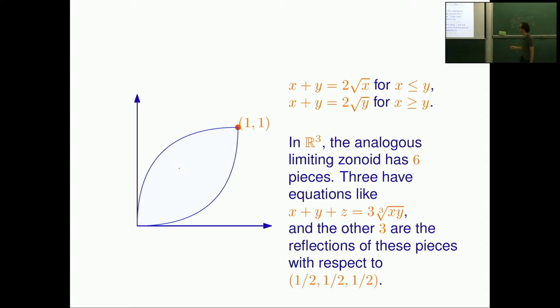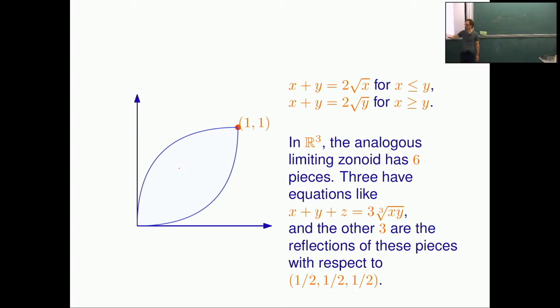And you can do the same thing in R3. Take the cone to be the positive orthant, take the endpoint to be 1, 1, 1. And the zonoid, it turns out, has 6 pieces, 3 of them with equations x plus y plus z equal to 3 times the cube root of x times y, 3 times the cube root of y times z, 3 times the cube root of x times z.